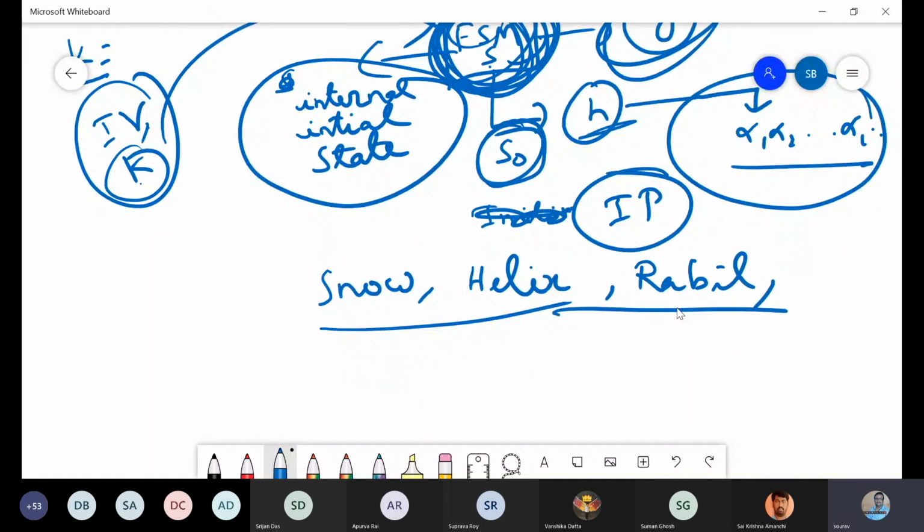These are the names of stream ciphers. We will not cover this in our class. I just gave you the general structure. Later on we may give an implementation assignment on this.